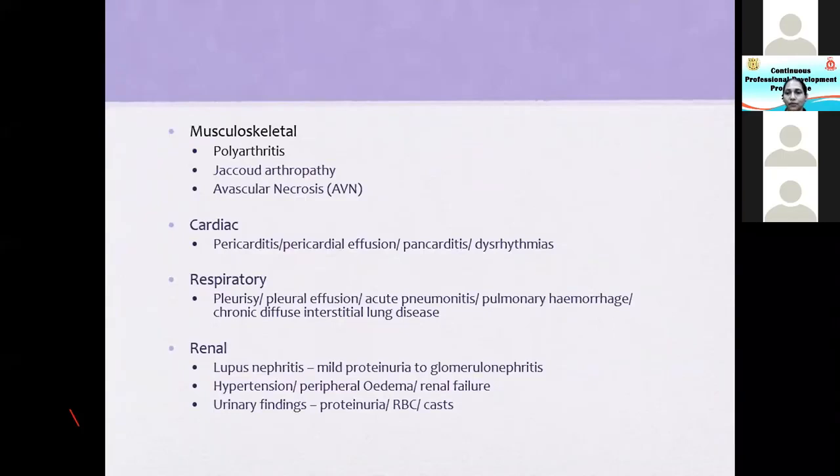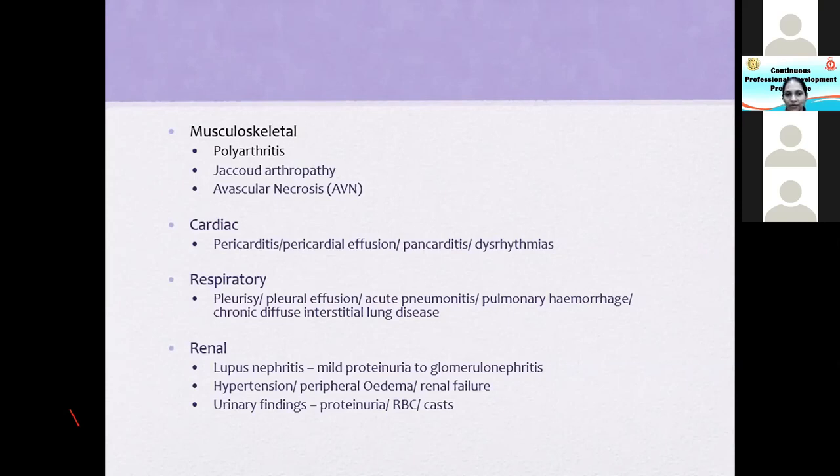Cardiac involvement, we know that almost all layers of the heart can be involved. There can be pericarditis, myocarditis, pancarditis, and dysrhythmias, pericardial effusions. Respiratory system involvement, we have diffuse interstitial lung disease, pleurisy, pleural effusions, acute pneumonitis, and even pulmonary hemorrhages.